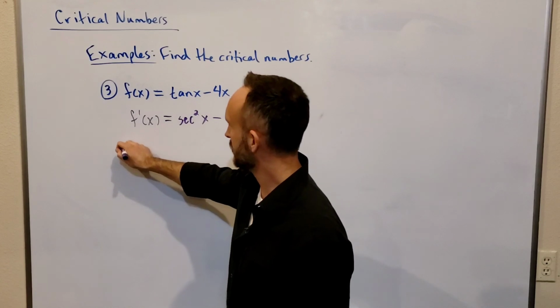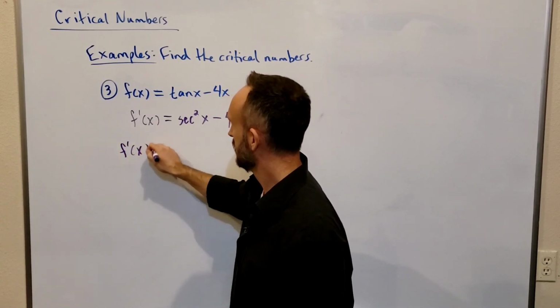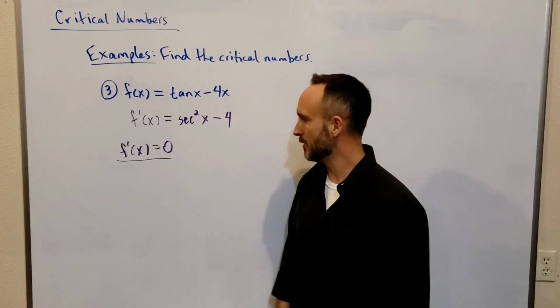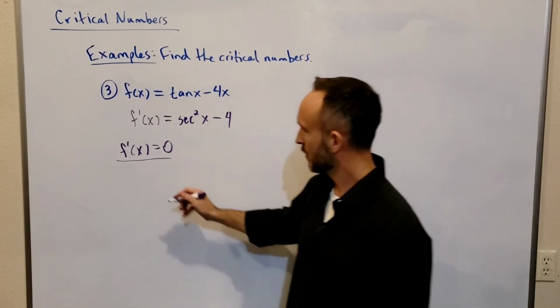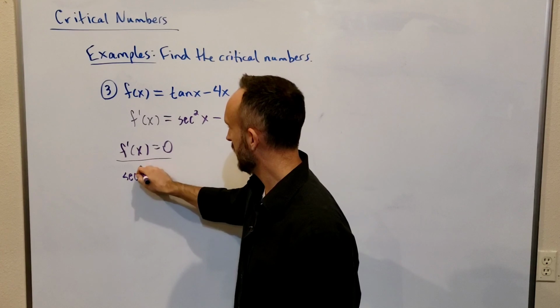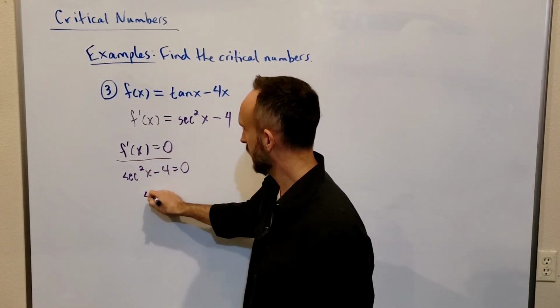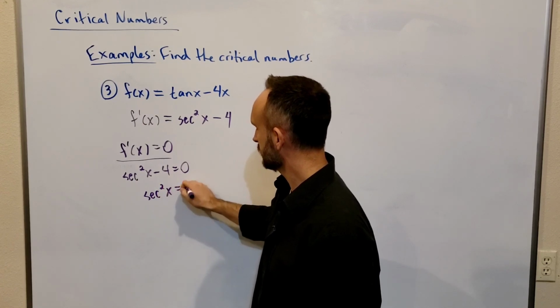So now we have to solve the equation where that derivative equals 0. Okay? So we need to know where secant squared of x minus 4 equals 0. So we add 4 to both sides.